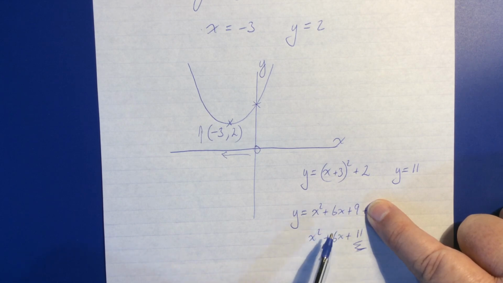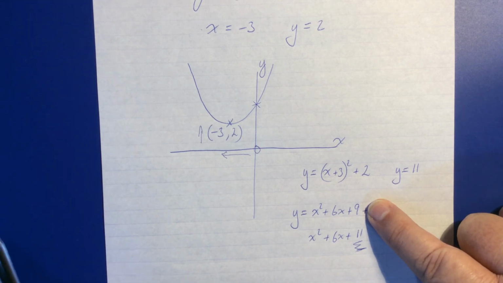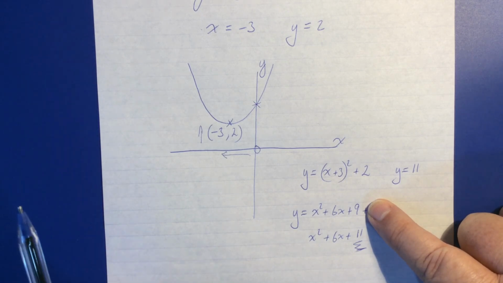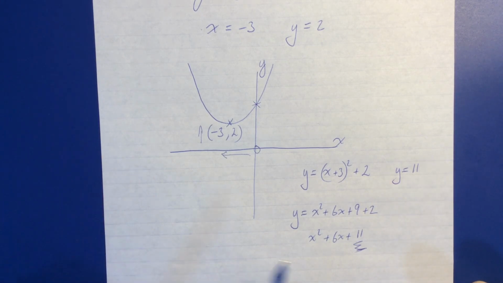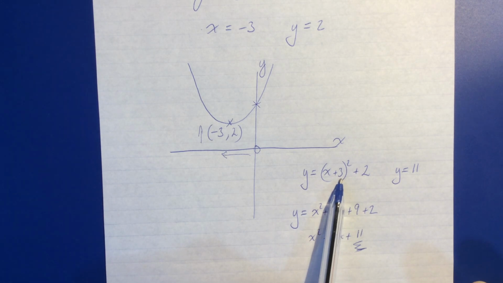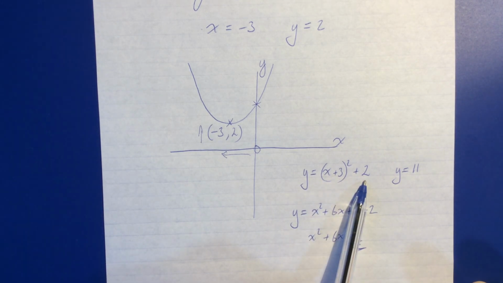Now, if that's mysterious to you, have a look at my video on perfect squares and their expansions. It's very simple. It's just a mathematical pattern. Now, we're not done because we expanded this, but we also have to add 2 to it.